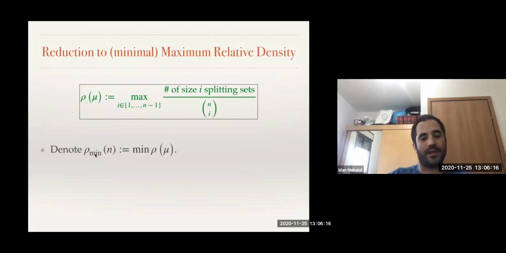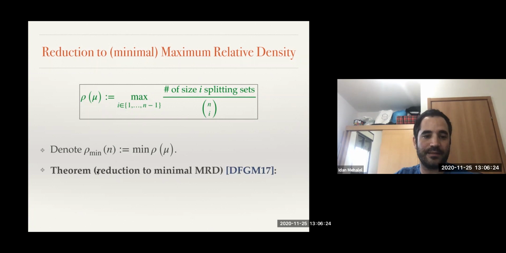So we denote with rho minimum of n the minimal MRD across all the dyadic distributions over n. And the reduction to minimal MRD states that Q of n is actually exactly, up to a sub-exponential factor, 1 over the minimal MRD of n.